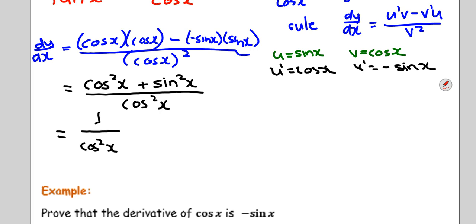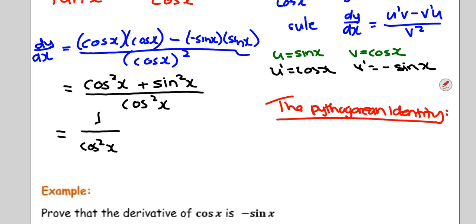Yes, the Pythagorean identity. What does that say? Yeah, exactly. The Pythagorean identity says that cos squared x plus sine squared x equals 1.